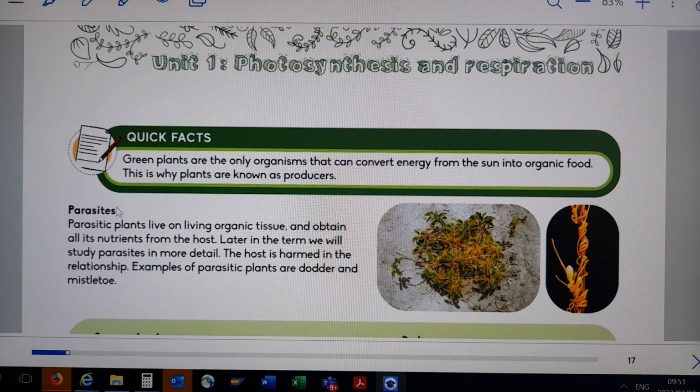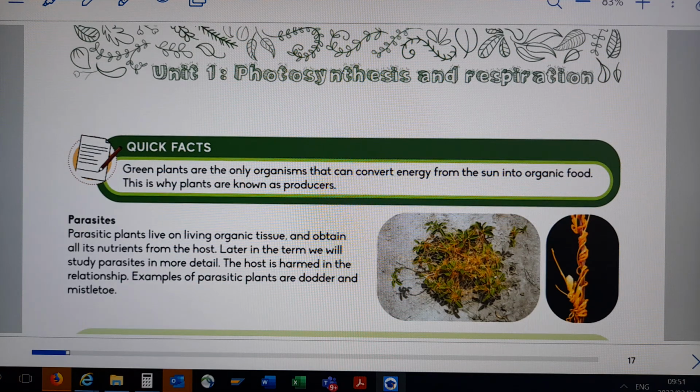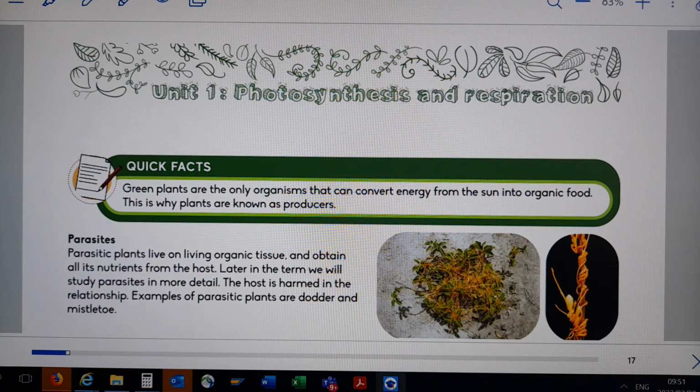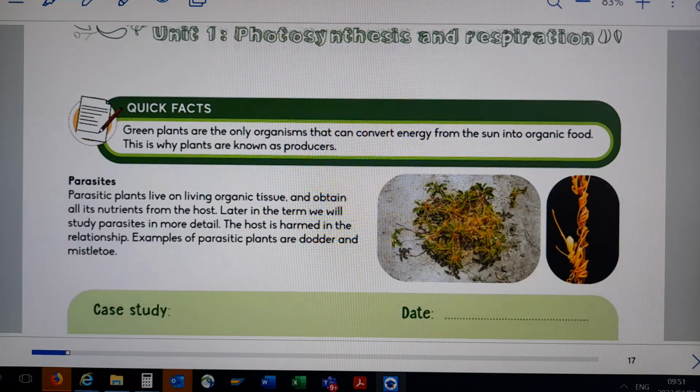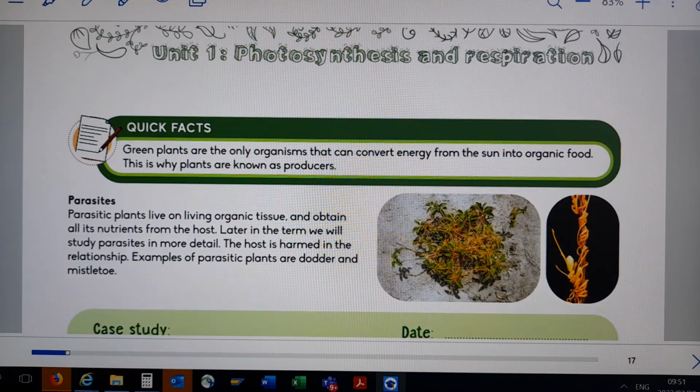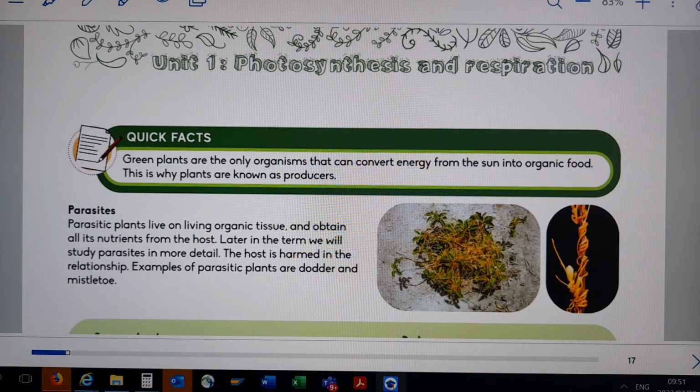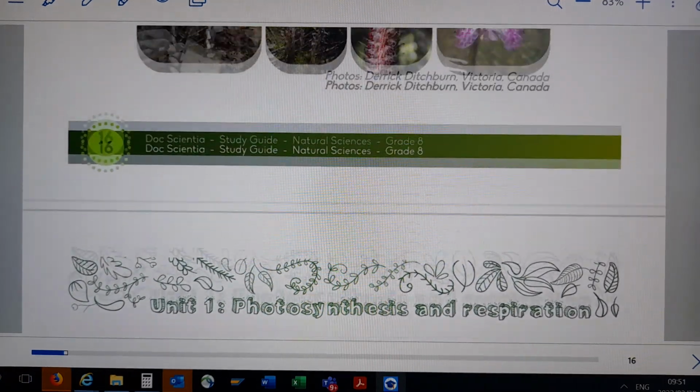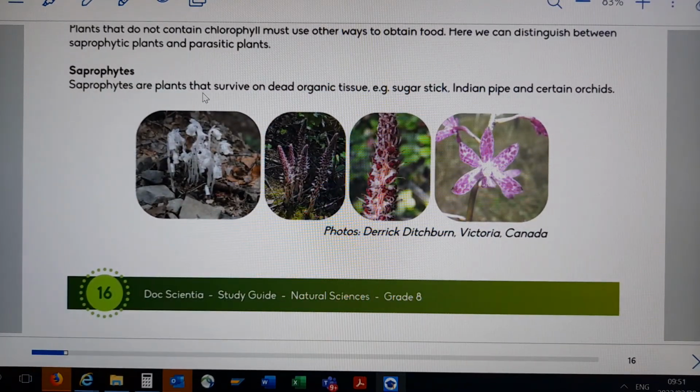And then remember, we were distinguishing between two types of plants that do not have chlorophyll. The first one is the saprophyte. We have already covered that. They survive on dead organic tissue.